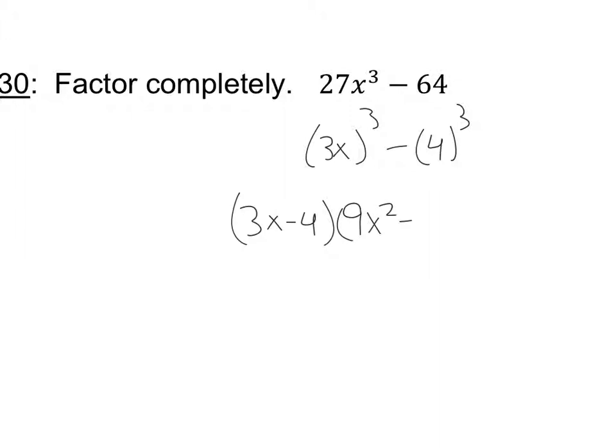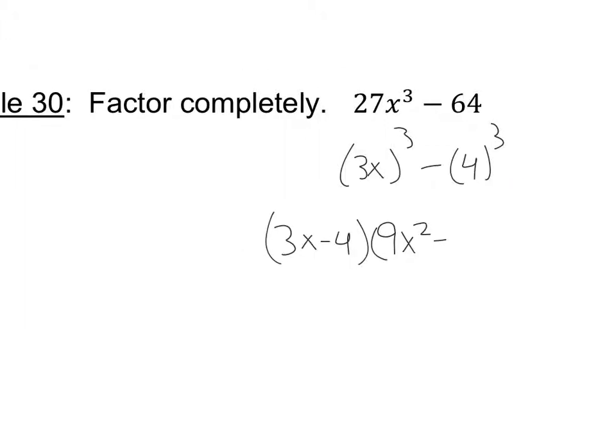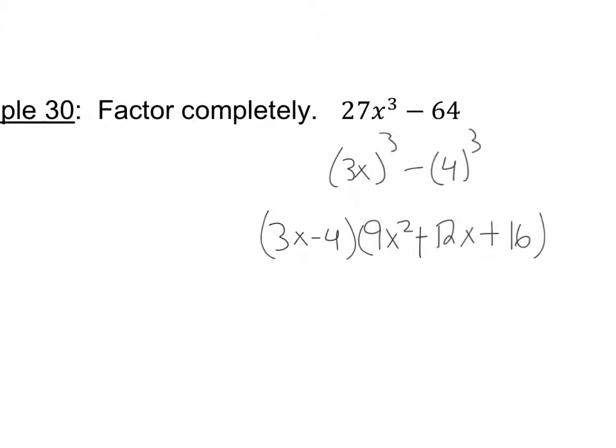Now it's plus, not minus, and you go a times b, so what's 3x times 4? 12x. And then it's b squared, what's 4 squared? 16. Okay? Alright, we'll see you guys in class.